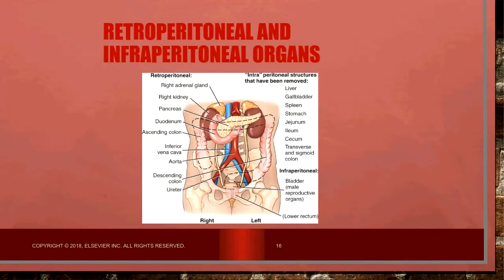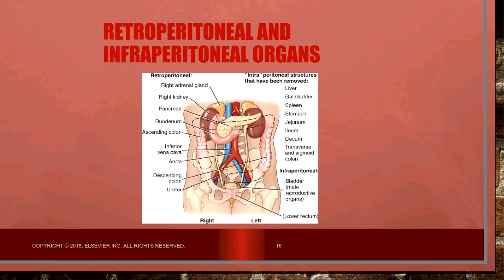When we look at some of the organs that lie retroperitoneal and infraperitoneal, this is actually a chart on page 111. Table 3.1 shows you that there are specific organs that lie within the peritoneal cavity, and those are your liver, your gallbladder, your spleen, the stomach, the jejunum, the ileum, and the cecum, transverse and sigmoid colon.